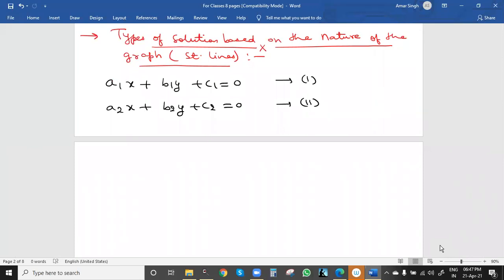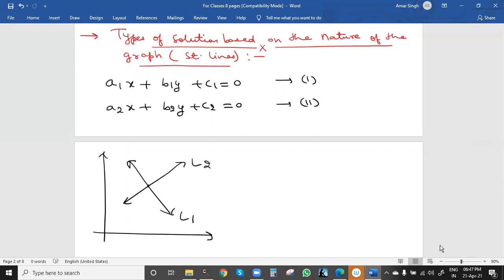Now what kind of graphs can we have? Suppose a simple graph can be that this is line L1 and this is line L2. So both can intersect. This is the xy plane or xy coordinate axis, and both the lines will intersect at a point.